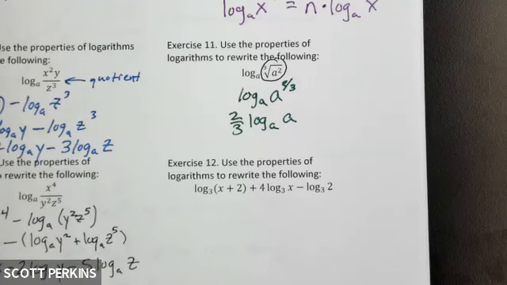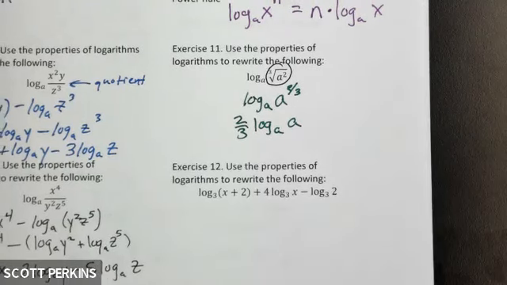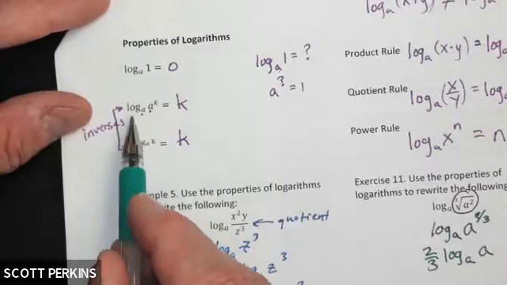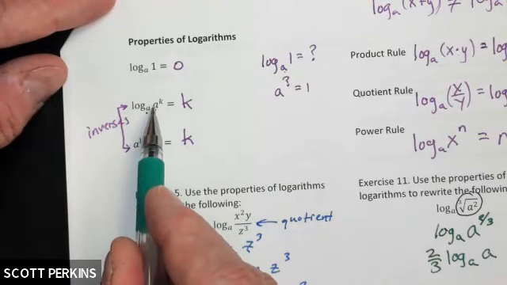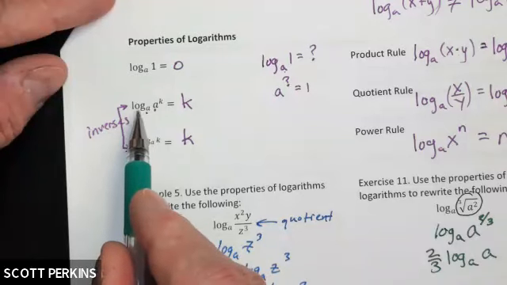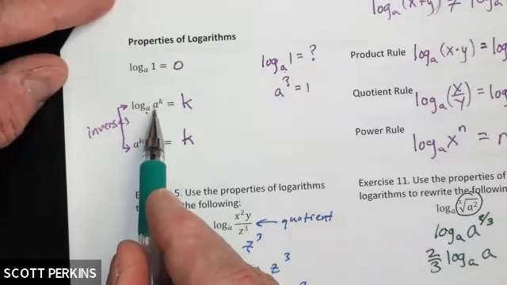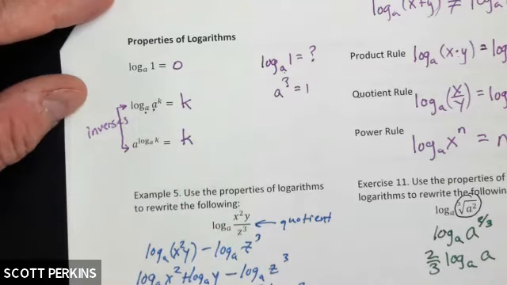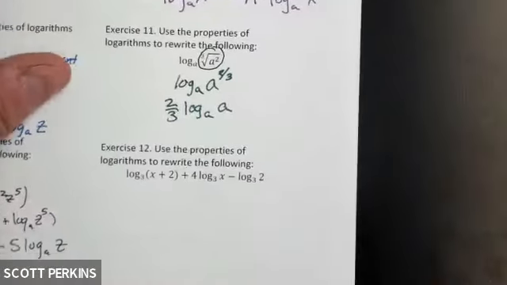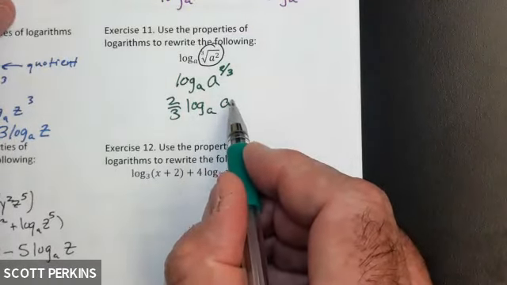And then the other property, maybe you didn't quite see it, is this one right here, the fact that the logarithm and the exponential are inverses. When you have the logarithm and the base of what you're taking the logarithm of are the same, then the result is just going to be the power. So what is the power on this a right now?